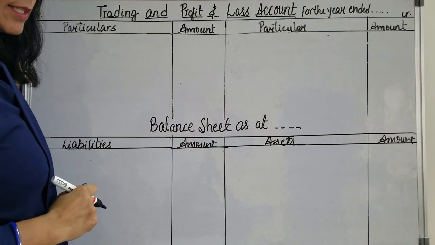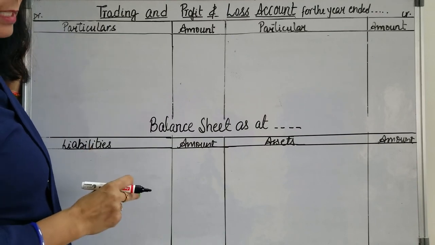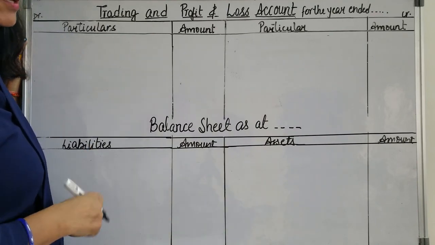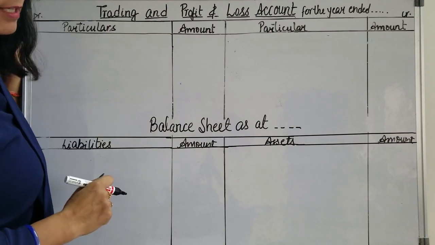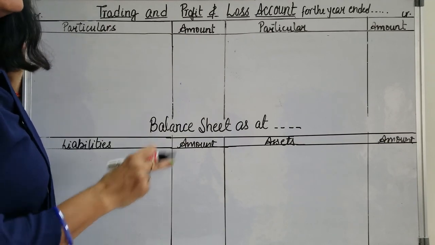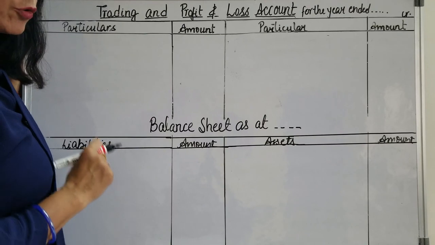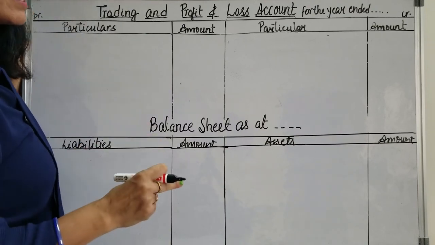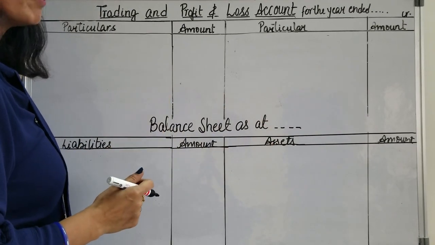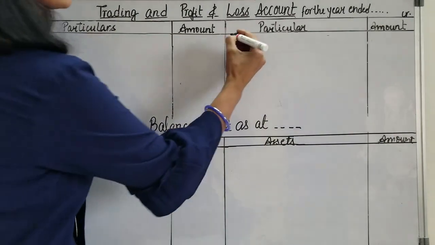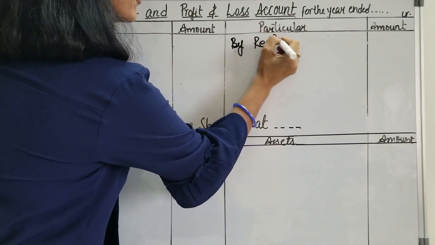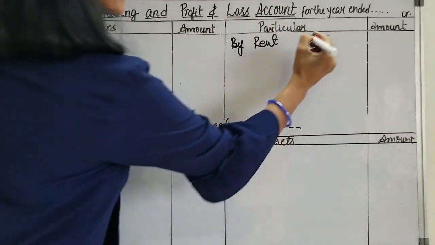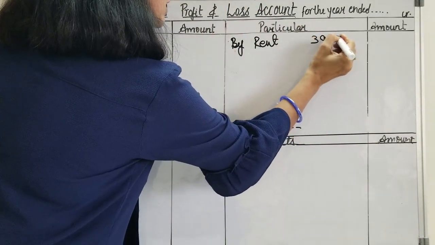Now suppose it is given in the question that rent received is rupees 39,000 on the credit side of the trial balance, and then in adjustments it is given that rent received but not earned is rupees 3,000. As it is given on the credit side of the trial balance, it is an income for the business, so it will be recorded as by rent on the credit side of profit and loss account, rupees 39,000.